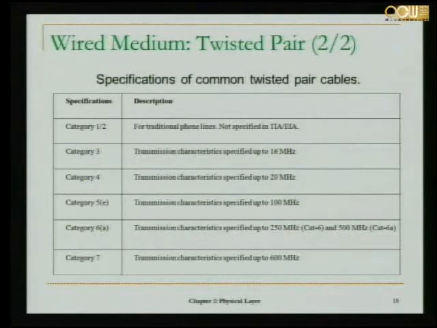Usually we use category 5 for Ethernet. However, if you go for very high speed, then you would use category 6 or 7. And of course, the more twist per inch you have, the more expensive the cable is.